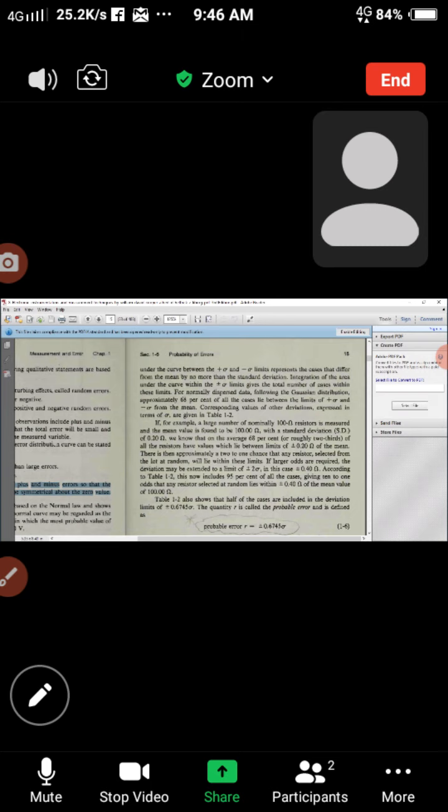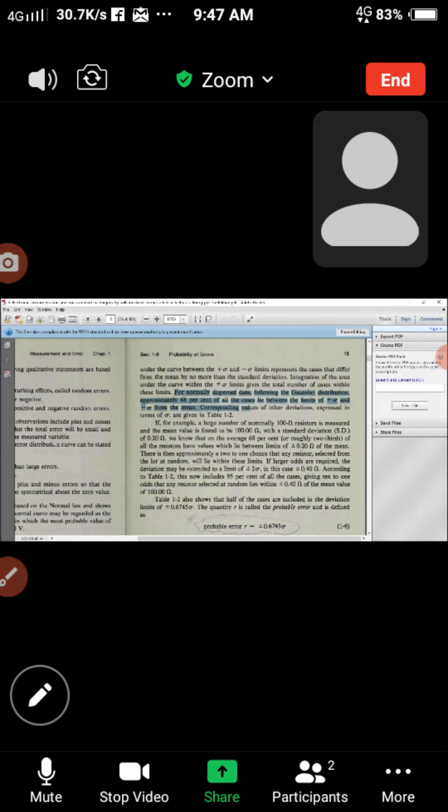Integration of the area under this curve within plus or minus sigma limits gives the total number of cases within these limits. For normally distributed data following Gaussian distribution, approximately 68% of all cases lie between the limits of plus sigma and minus sigma. That means 2/3 out of 50, 19 are accurate, while 20% are within plus or minus sigma.